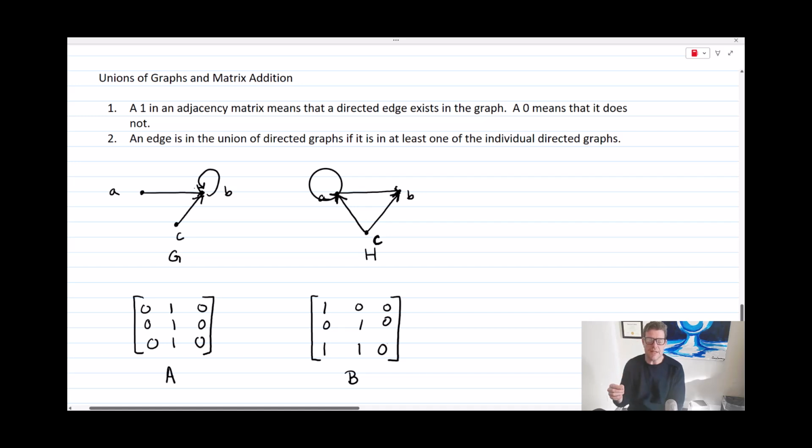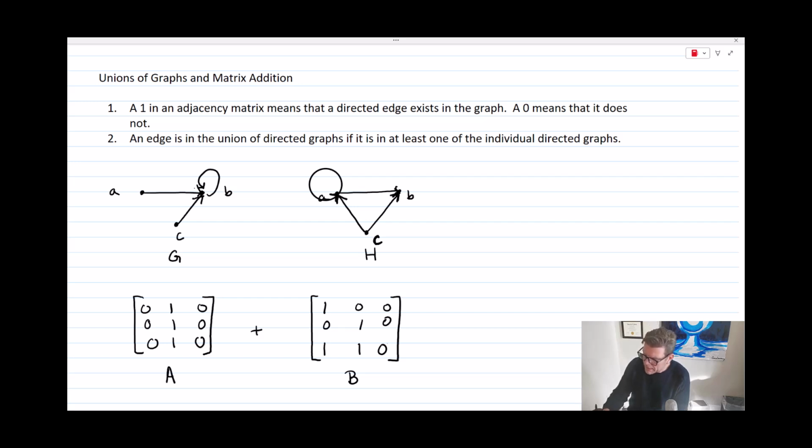One thing to notice here is that if G and H don't have the same number of vertices, we're not going to be able to do matrix addition. Remember that the dimensions have to be the same in order for us to do the addition. From a graph perspective, that means both G and H have to have the same number of vertices, not necessarily the same number of edges. In this case, G and H both have 3 vertices, so we have compatible matrices.